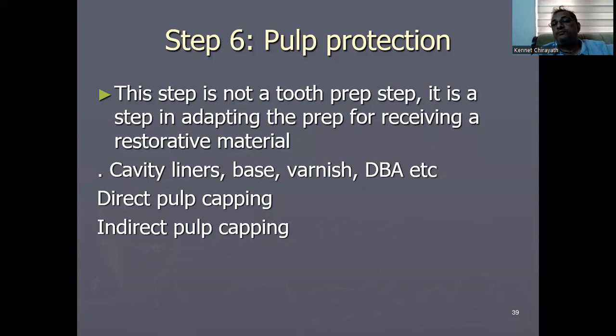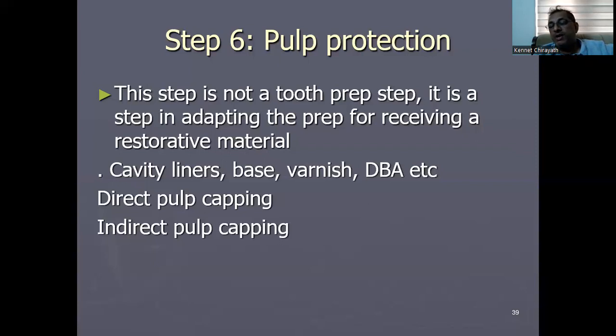The second is indirect pulp capping. In direct pulp capping we place calcium hydroxide directly, whereas in indirect we are not placing it directly. There is a layer of dentine, and above that we place the calcium hydroxide. That is why it is known as indirect.